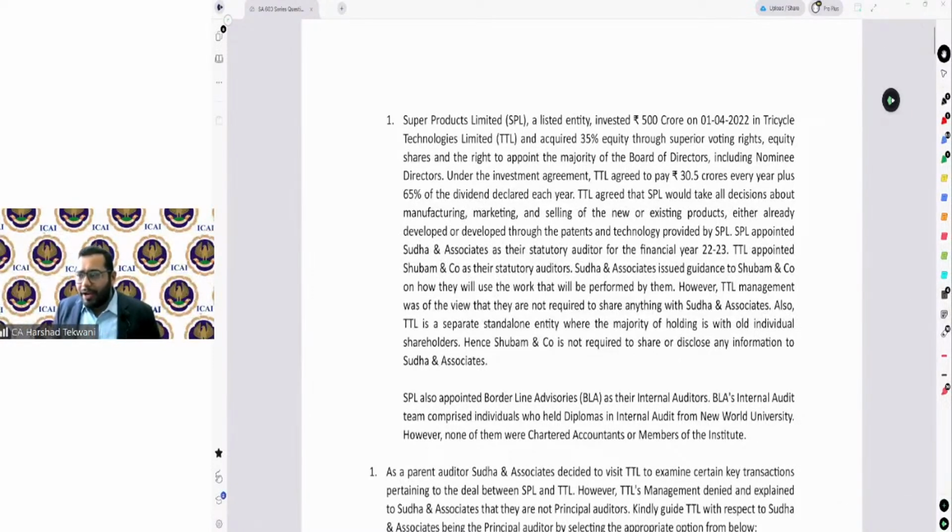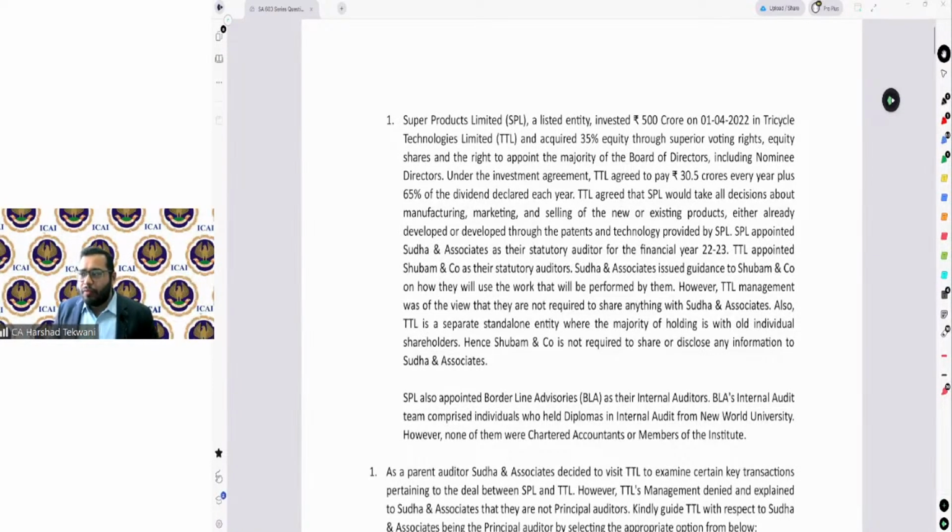Now, when I talk about the SA 600 series, or specifically SA 600, using the work of another auditor, I'll give you a brief and then we'll go back to the questions. SA 600 talks about when we can use the work of another auditor. This is not the case of joint audit, because joint audits are covered by SA 299.